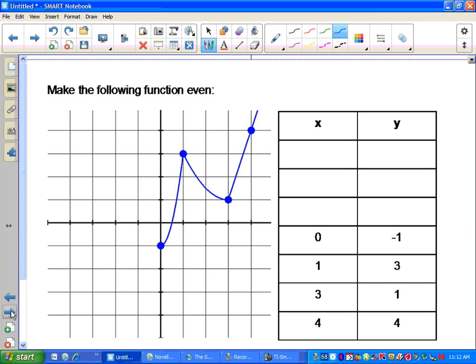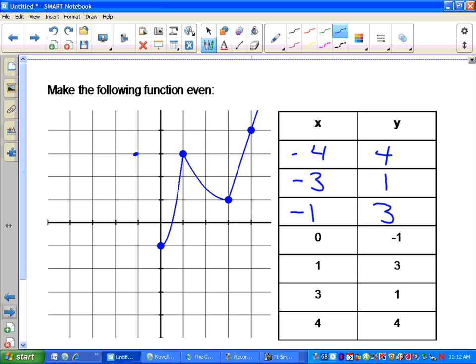So if when x is 1, y is 3, then when x is negative 1, y is still 3. When x is negative 3, y is still 1, negative 4, 4. You seeing it? Now let's graph it and make sure it works.